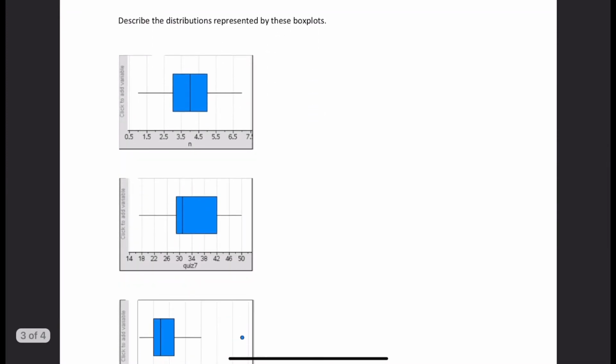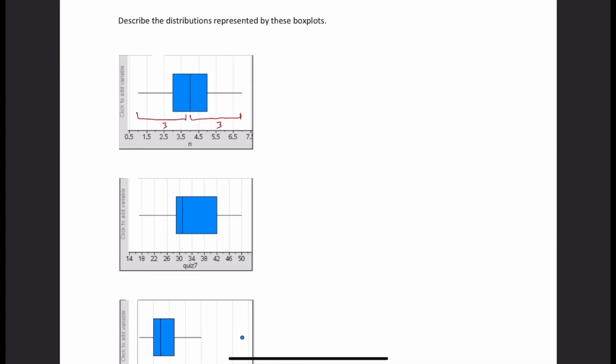And to finish off, we're just going to get some practice describing distributions with box plots. Notice how here, this graph, it's going from about 1 to 7, and we have that median sitting at 4. So in between, there is a distance of 3. So note here that there is a distance of 3 in between each.